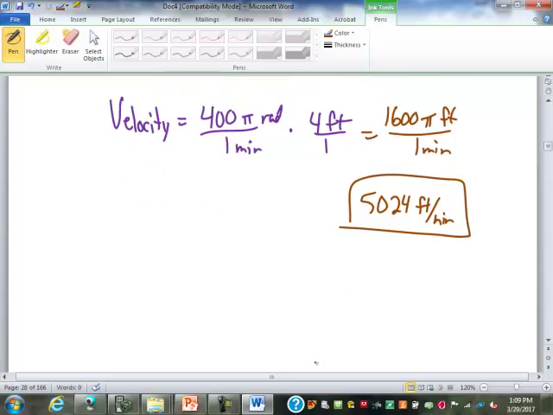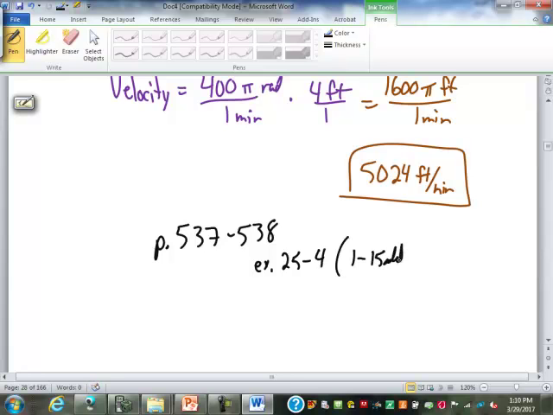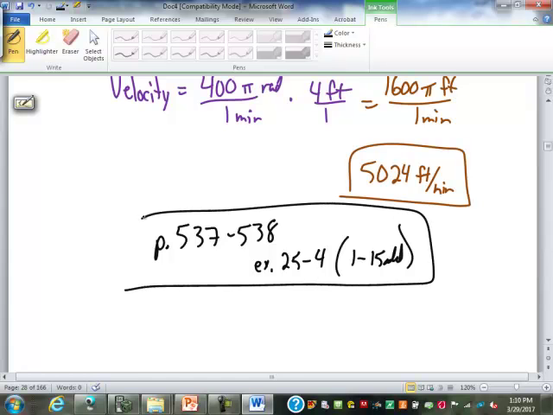Okay, for now, I've got a new sheet I'm going to give you. In that other packet, by the way, there's pages 537 through 538, Exercise 25-4, 1 through 15, the odd. That talks a little bit about radian and angular conversions.